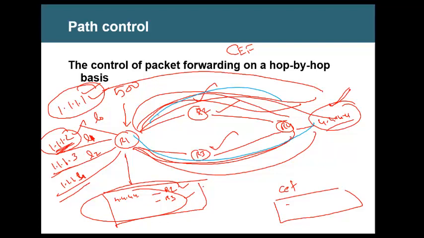Whenever the source changes, the path will change if you have multiple paths. When the source is the same, the path is going to be the same. When you change the source, with the destination the same, the path also changes. In that way, the load balancing happens. It's not going to take 500 packets and share 250 on this side and 250 on this side. CEF never does that.